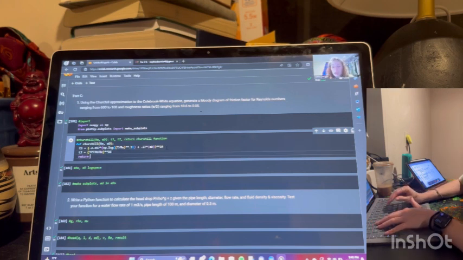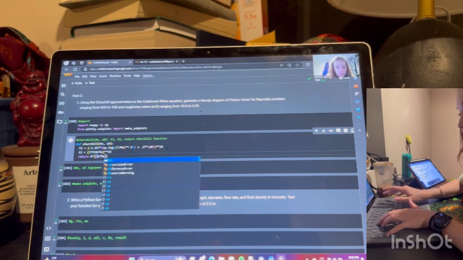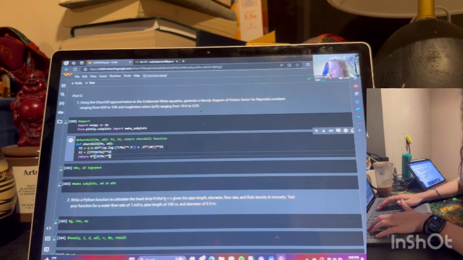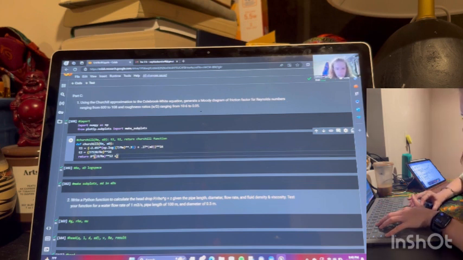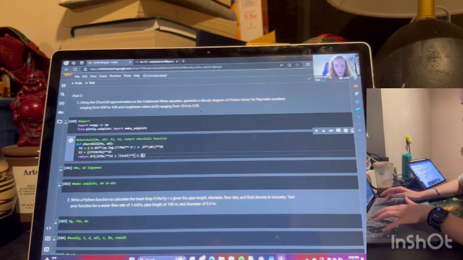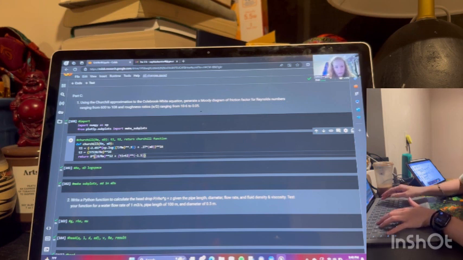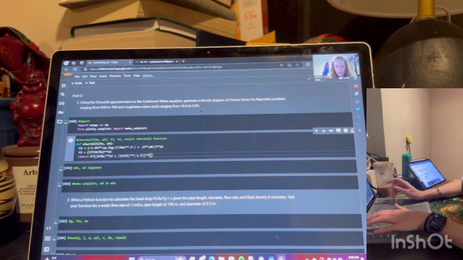And then we're returning our 8 times the quantity 8 over RE to the 12th plus our T1 plus our T2 to the negative 1.5 power, and then that whole thing is to the 1 over 12.